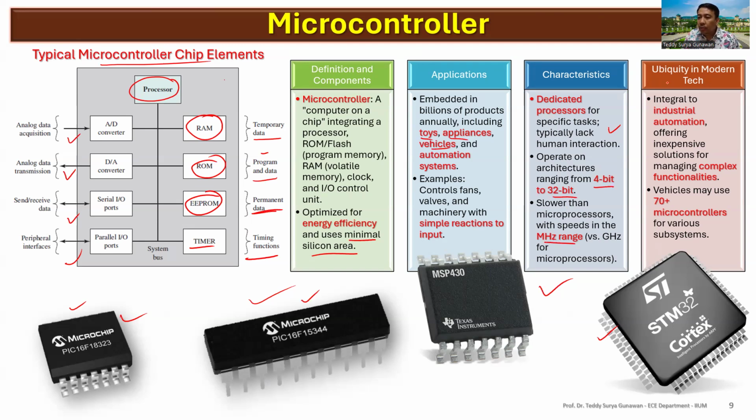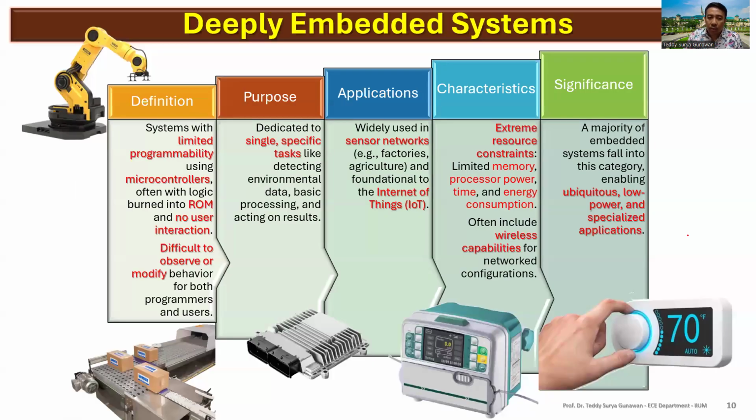We can find this in industrial automation and vehicles. Vehicles contain around 70 plus microcontrollers for various subsystems. So even in a car, you have more than 70 microcontrollers being used.